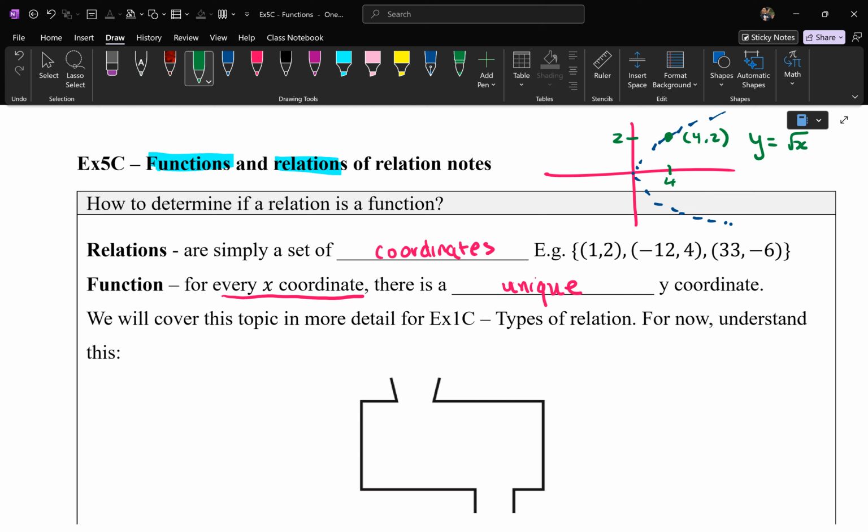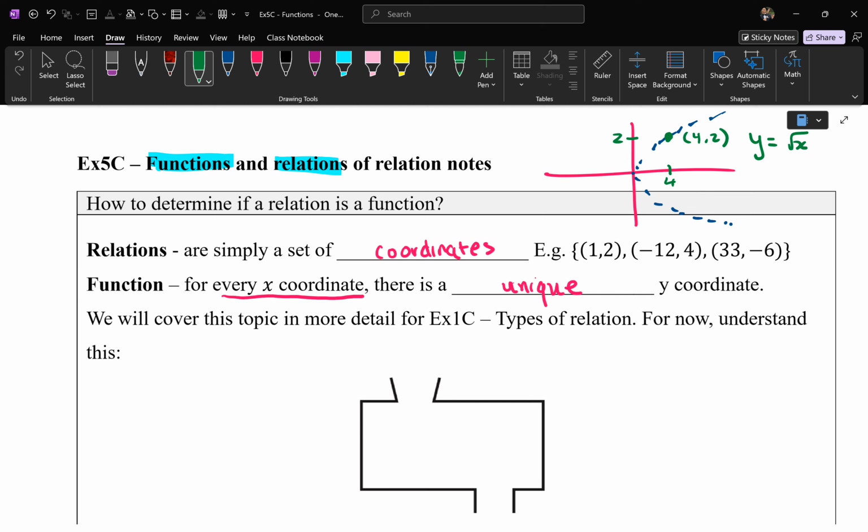This means that for one x coordinate, if you think of it as a machine, so this is why I drew the picture down here, if you put in x is equal to 4, and the machine says, I'm going to square root whatever x is, I don't get one answer. I actually end up getting 2 answers. You can get 2 or -2.